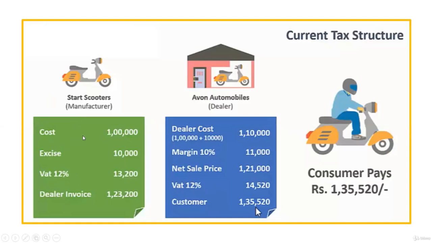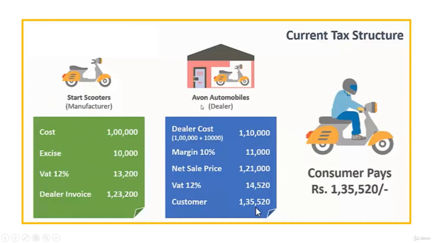On this cost, it applies excise duty of 10,000 rupees. On that total amount, they apply VAT to sell to Avon Automobiles, a dealer. So the dealer invoice comes to 1,23,200. This is a local sale, that's why Start Scooters applied VAT of 12%.